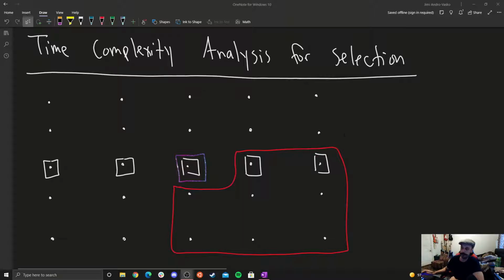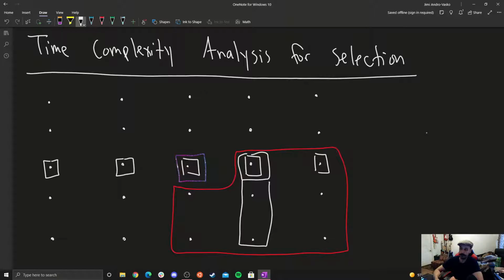And in the blocks to the right, the median of each, this element right here along with these elements that are both larger than that median, these must be bigger than that highlighted median.